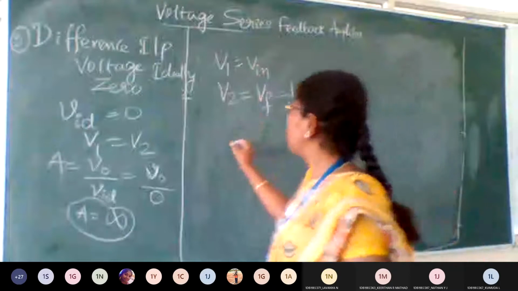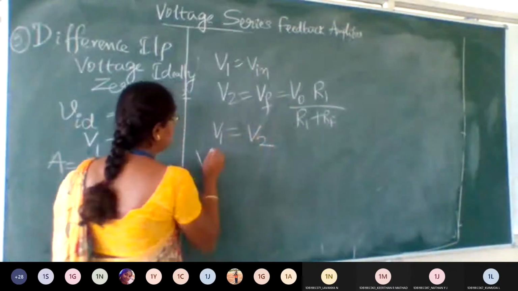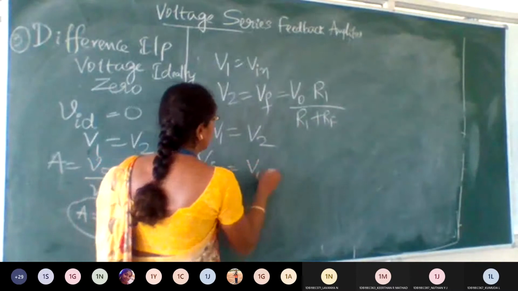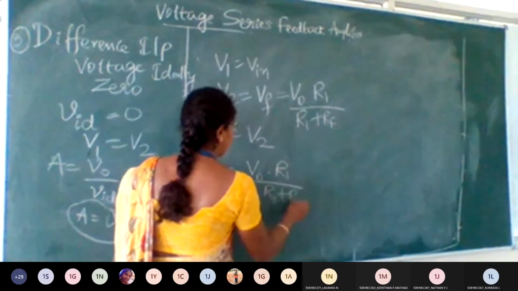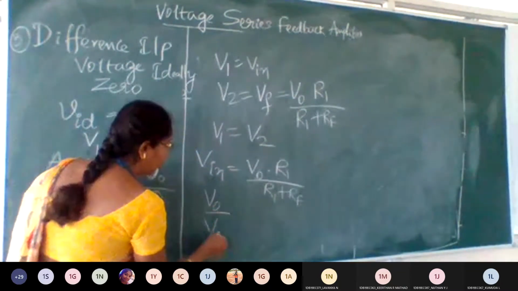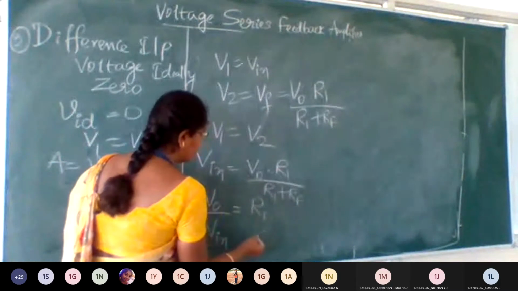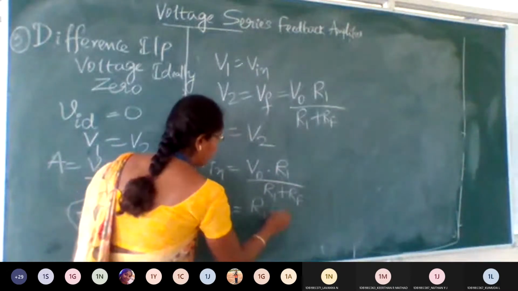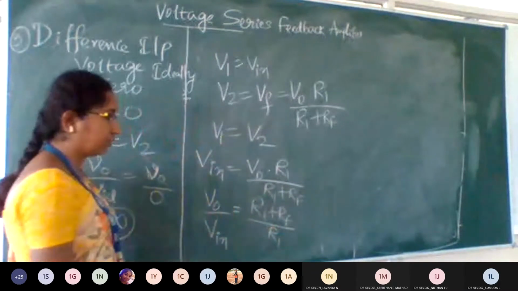So if you equate both V1 and V2, you will get Vin is equal to V0 into R1 by R1 plus Rf. Now let me take V0 by Vin. It is R1 plus Rf by R1.